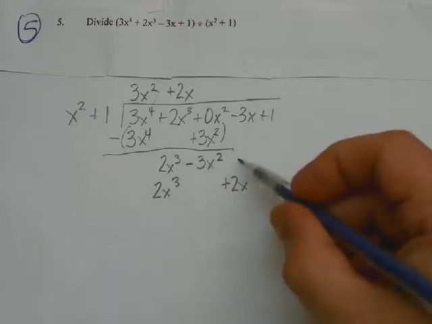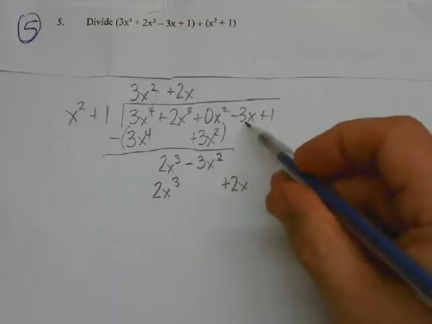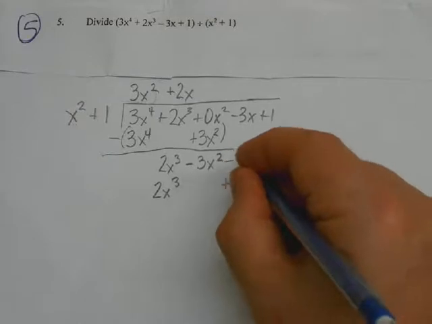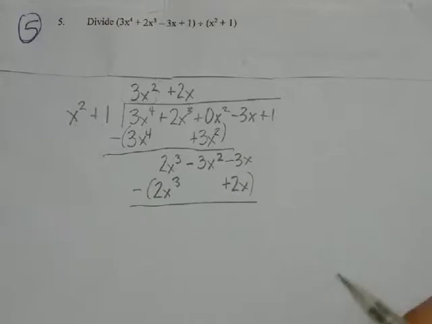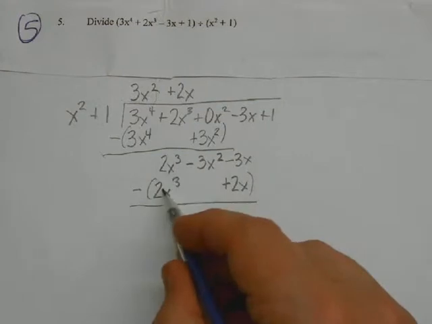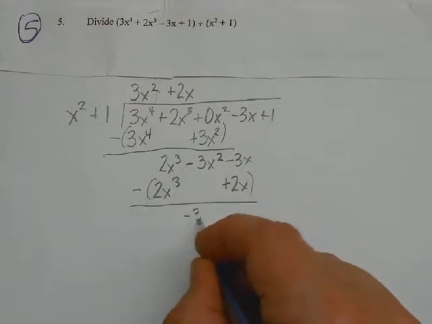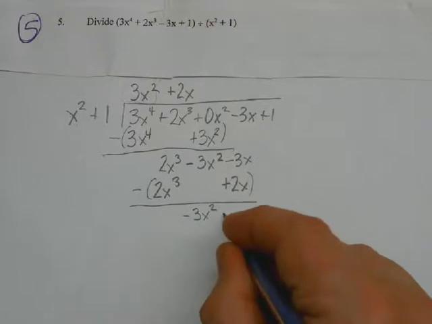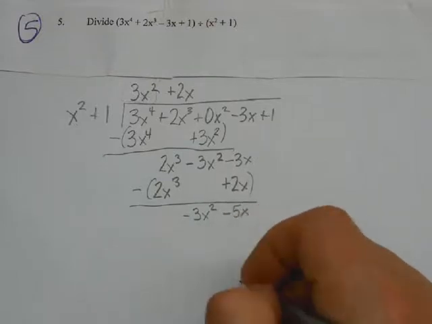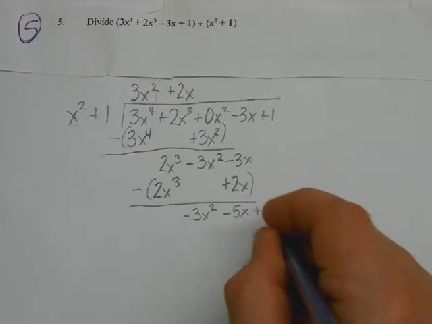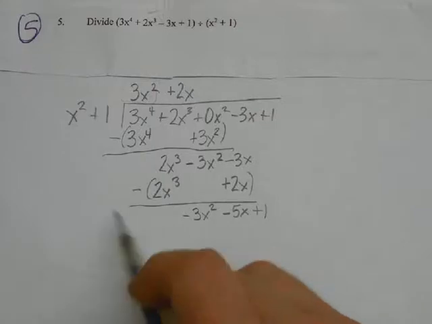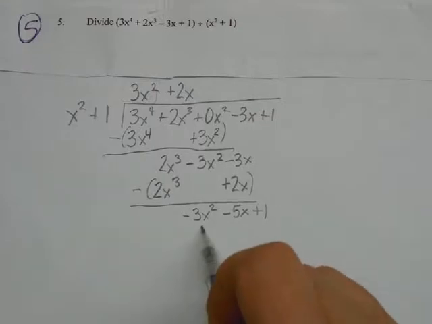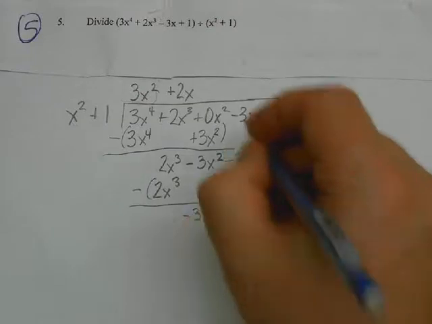Okay, so over here, notice that I don't have a term here, but I do have this minus 3x. So I'm going to bring that down. And then I will subtract. Those cancel. I get negative 3x squared minus 5x. And then I'm going to need to bring down the 1. Negative 3x squared divided by x squared is negative 3.